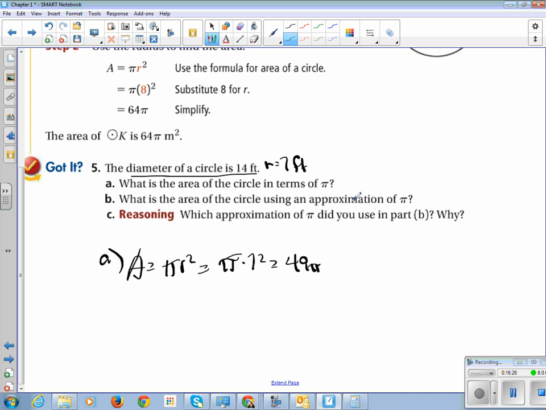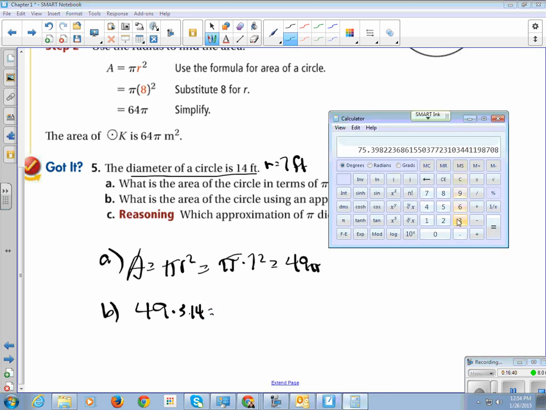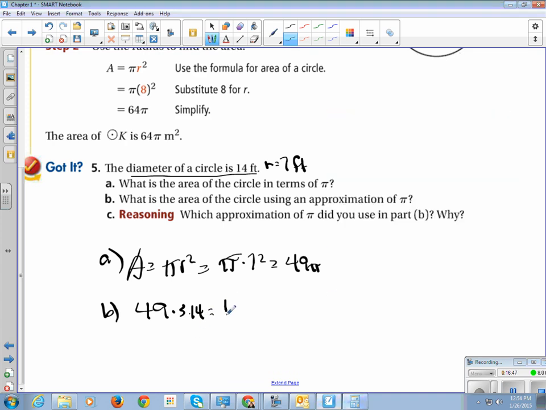What is the area of the circle using an approximation of pi? Let's use 3.14 to approximate pi. So 3.14 times 49 equals 153.86.